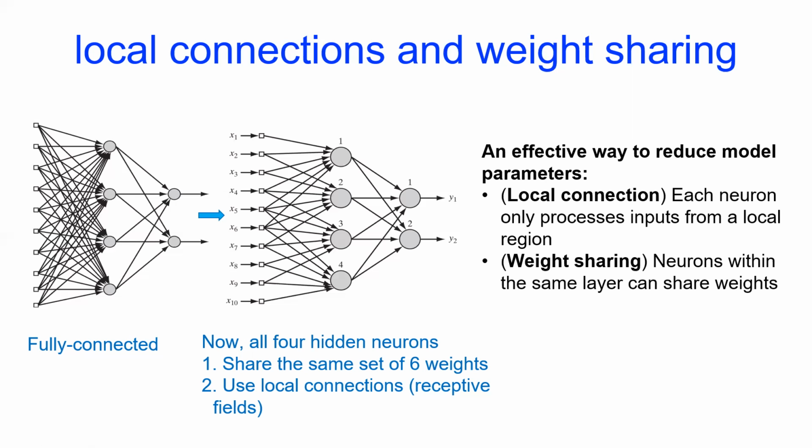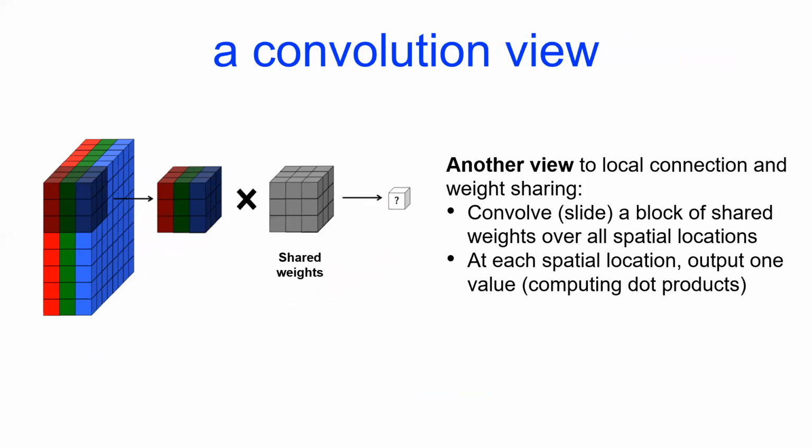The best part is that by using local connection and weight sharing, if you are able to imagine a special perspective, this is equivalent to having a block of shared weights and convolving it with my image.